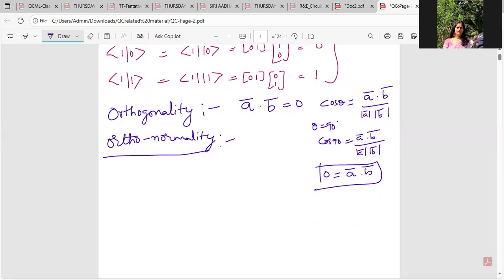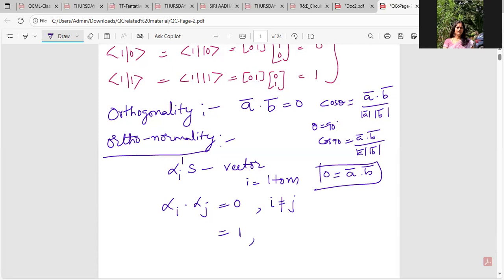In normal layman language, if I have a set of vectors alpha i, for i equal to 1 to m or something like that, and if alpha i dot alpha j is 0 for i not equal to j, and equal to 1 for i equal to j, I can put a bar as well because I'm telling that they are vectors, then I will say they are orthonormal.